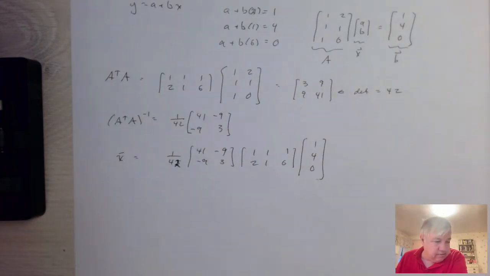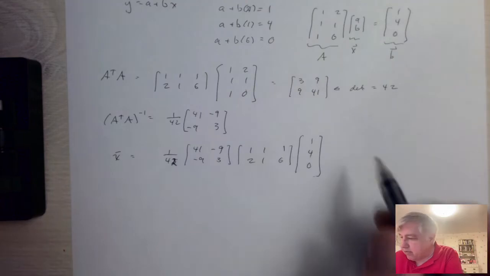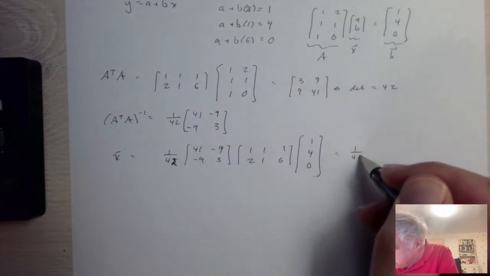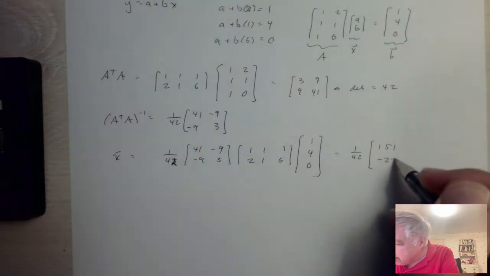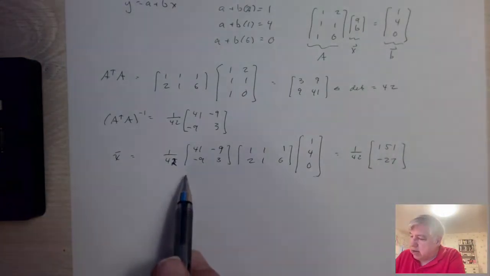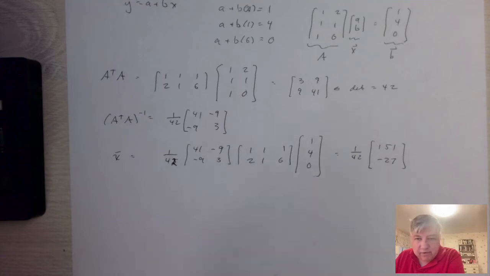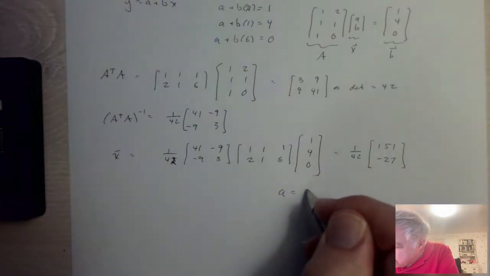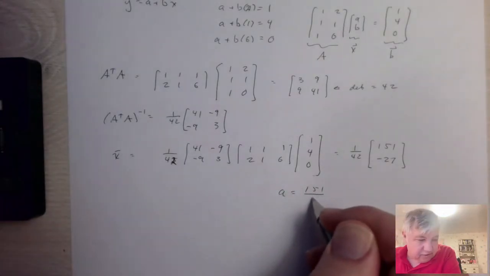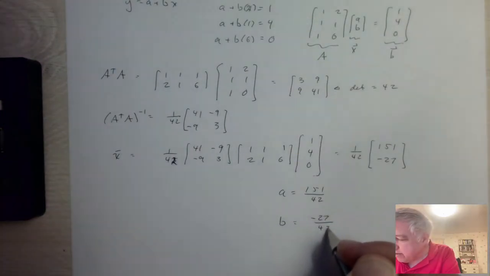And I'll just save you the calculations. You can do these. I put off the fraction to the end. This is 1 over 42 times (151, negative 27). I'll let you compute these two, and then multiply this one, and you'll get this. So we get that a is 151 over 42, and b is negative 27 over 42.